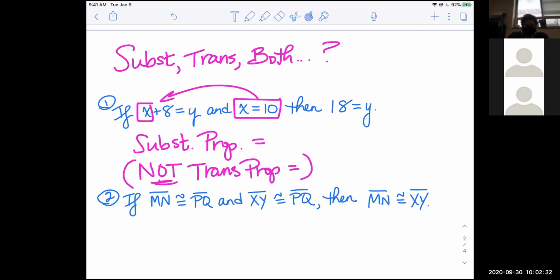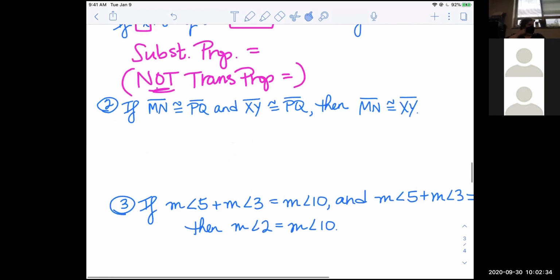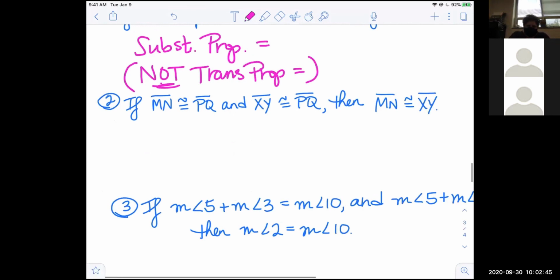Okay, how about number 2? Allison. Tell me why. Good. So it is transitive and it's congruence. Remember, there are reflexive, symmetric, and transitive properties of congruence. There's no other property that has congruence.